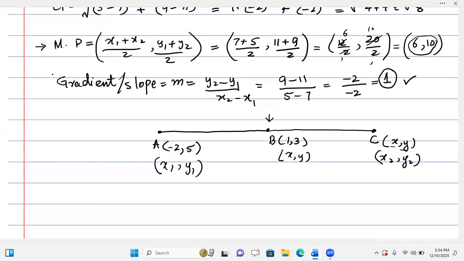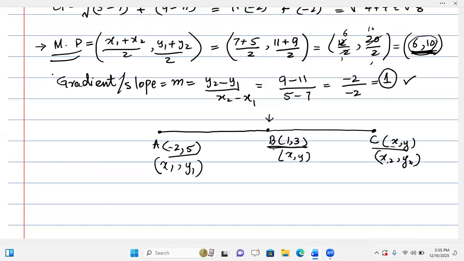Here we get the message that xy is the midpoint, because according to the question statement, the midpoint 6 10 is given for AB, and A having the coordinates minus 2, 5 is also given. B is the midpoint, and he is saying calculate xy, so x2 y2 you want to calculate.